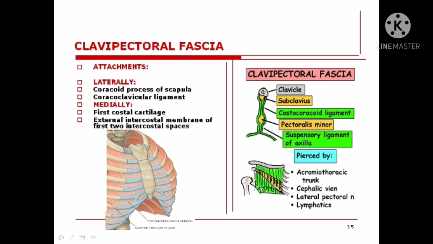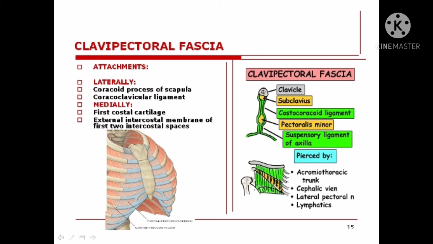The pectoral fascia simply invests the pectoralis major muscle, but the clavipectoral fascia is an extension from the deep cervical fascia of the neck, and it invests first of all the clavicle, the subclavius, then the costocoracoid ligament, then the pectoralis minor muscle, and laterally it goes and forms the suspensory ligament.